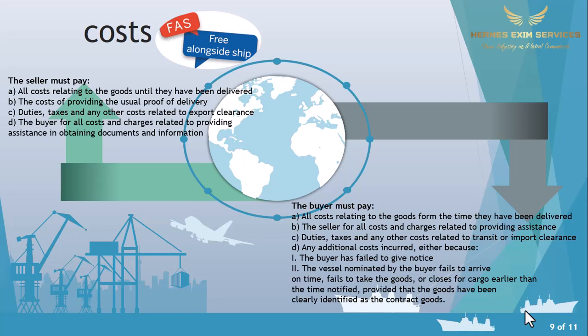The buyer must also pay any additional costs incurred, either because the buyer has failed to give notice or the vessel nominated by the buyer fails to arrive on time, fails to take the goods, or closes for cargo earlier than the time notified, provided that the goods have been clearly identified as the contract goods.